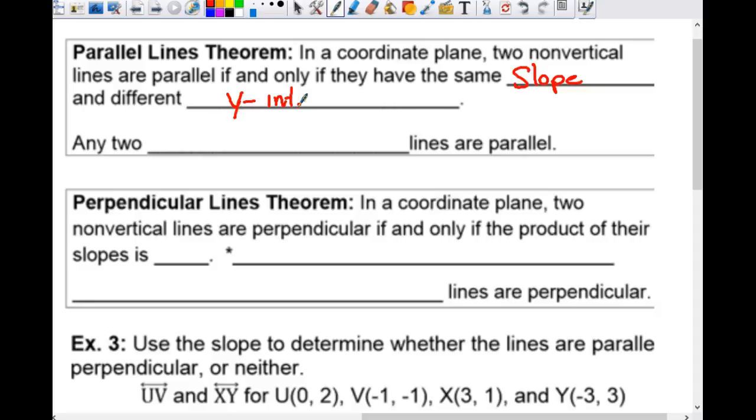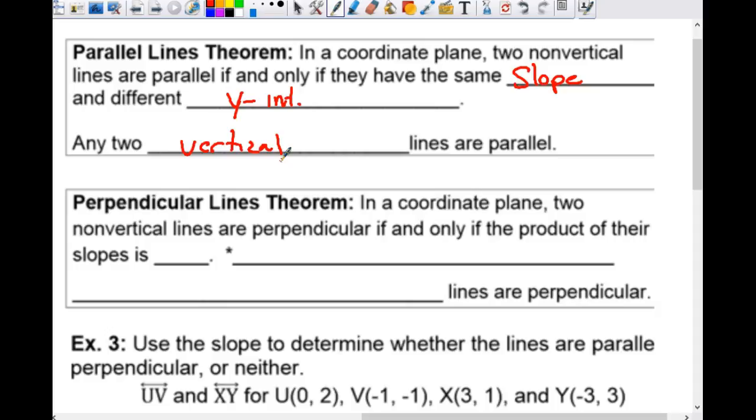Any two vertical lines are parallel. Perpendicular lines theorem. In a coordinate plane, two non-vertical lines are perpendicular if and only if the product of their slopes is, does anyone know? If the slope was the same, wouldn't they be parallel?